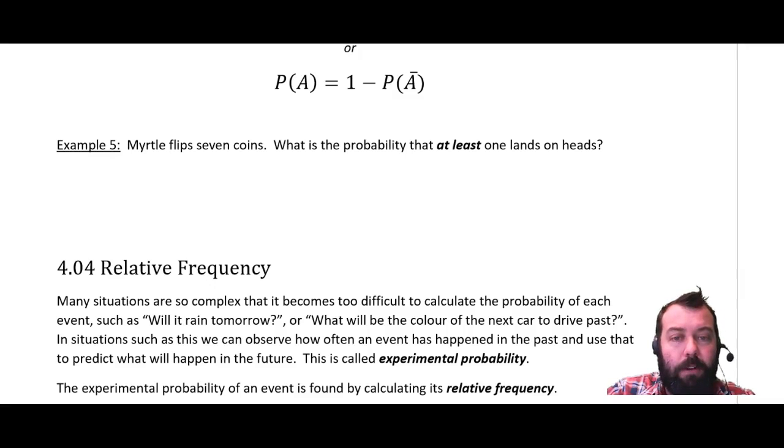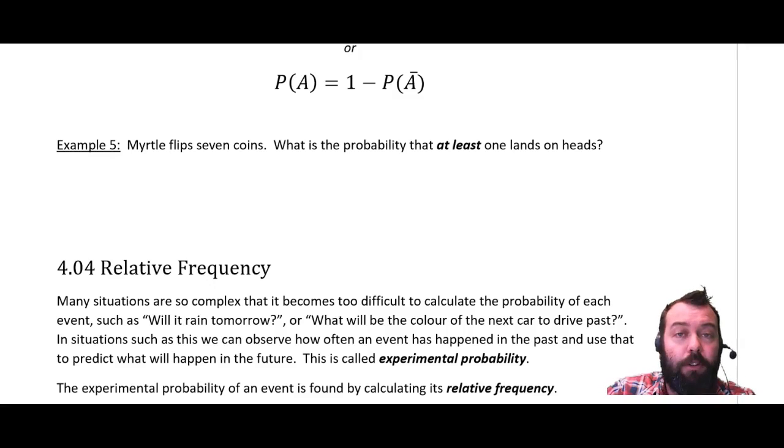Now, the question here is, what is the probability that at least one lands on heads? At least one lands on heads. Well, the complement of at least one head is no heads whatsoever, is all tails. There's lots of ways we could have at least one head.